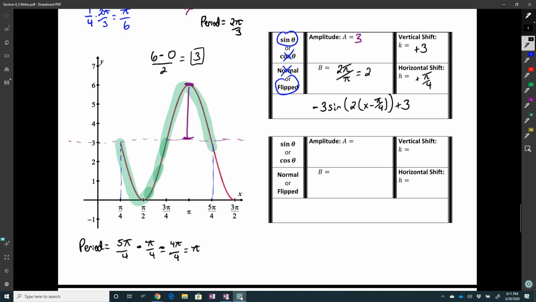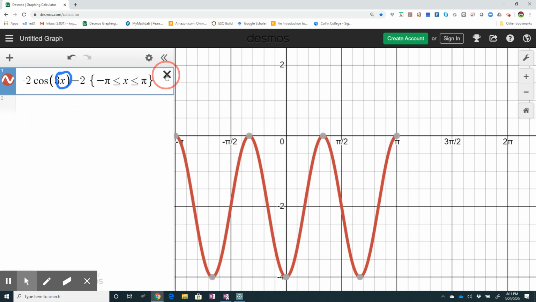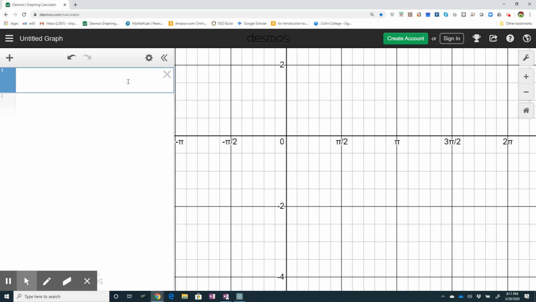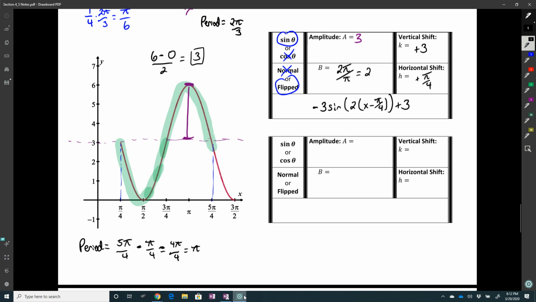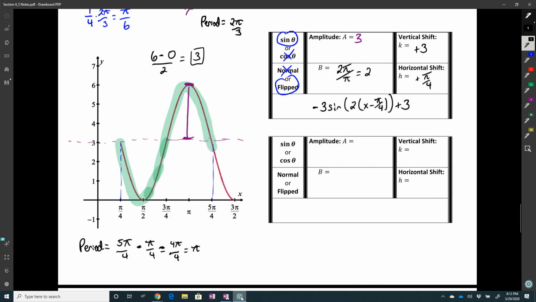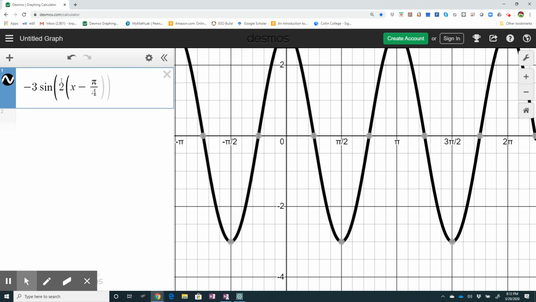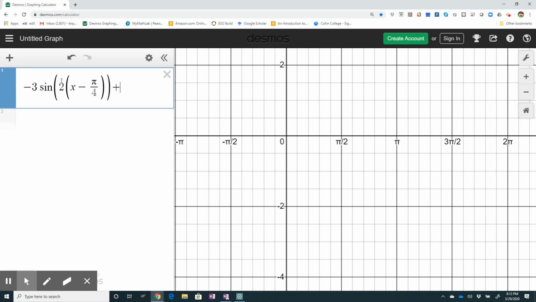And so I can type that into Desmos. Let me erase. Oh, it did erase it. Hey, that's cool. All right. So what was it again? Totally forgot. Negative 3 sine of 2 x minus pi over 4, and then plus 3.